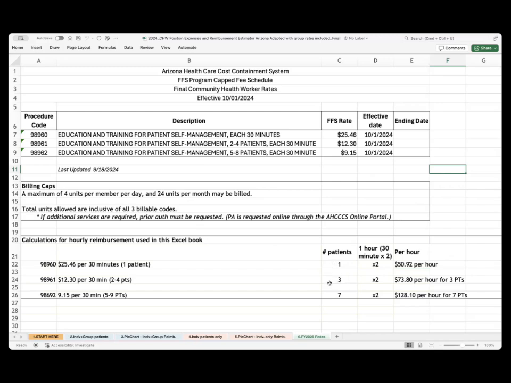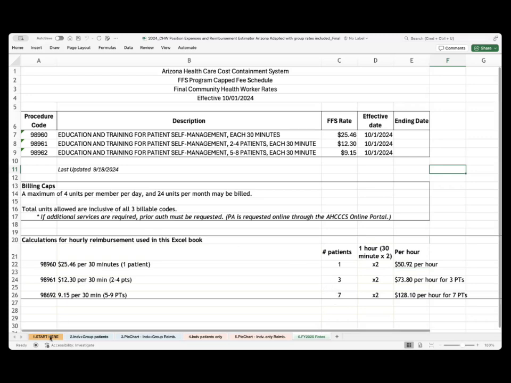And then for the 2 group codes, we had to choose a number. So in the 2 to 4 group, we chose 3 for our estimates. So that's what you'll see for the second code, 98961. And then for the code for visiting with 5 to 8 patients, again, we chose one in the middle and went with 7. And our estimate is based on working with 7 patients.